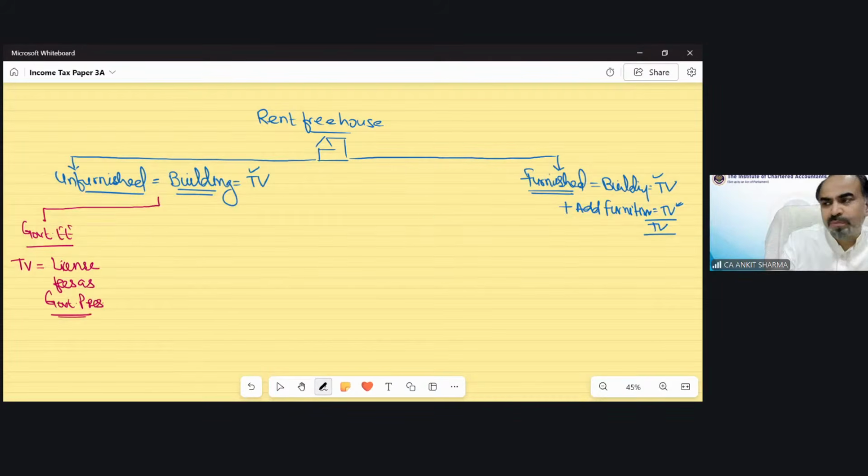The good news is that it would be given in the question. You need not calculate anything. The license fees would be in the question, and that is going to be directly taxed. Clear? So pray to God that in the examination they give you a question of a government employee. But let me tell you, God is not going to listen, because they will provide you the other employee provision, that is, an employee other than a government employee. Clear?